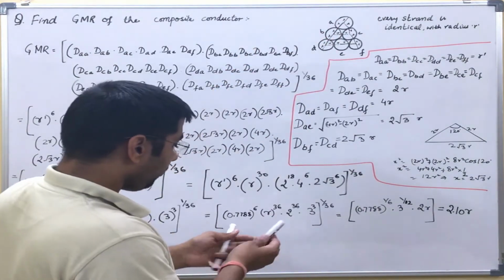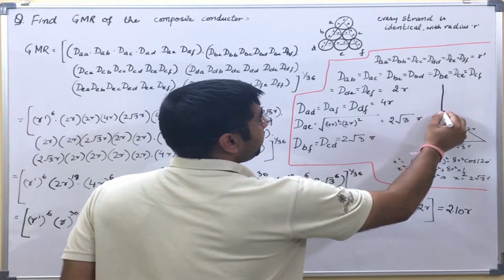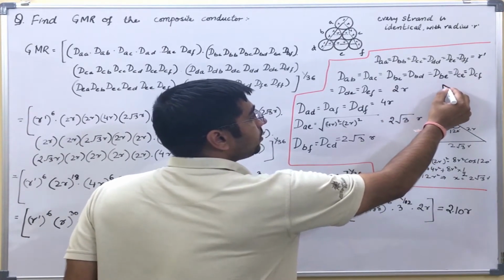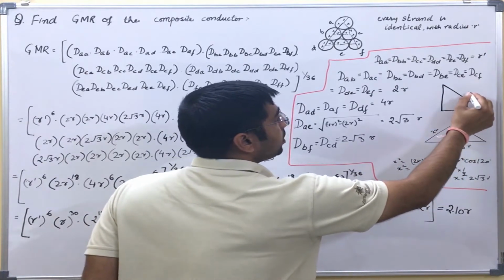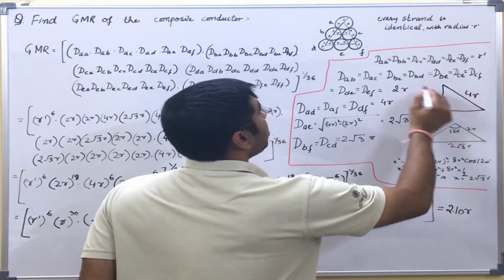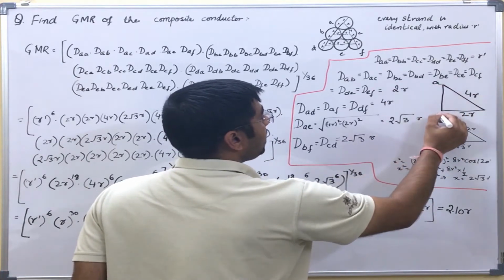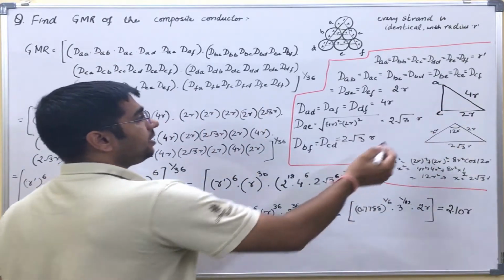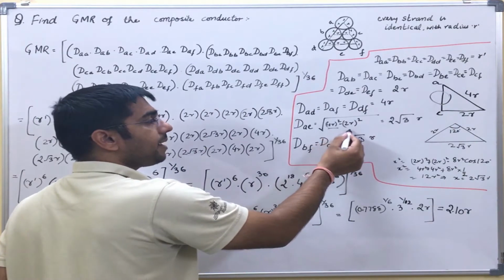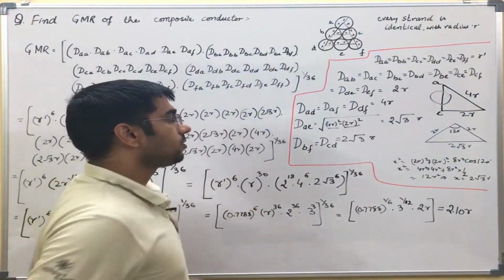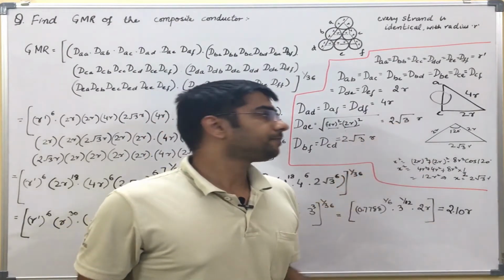You can see here that DAE is simply the perpendicular distance, where this part is 4r and this part is 2r. So DAE will simply be this side. We can calculate it directly, hypotenuse square minus base square. So DAE will come out to be 2 root 3 r.